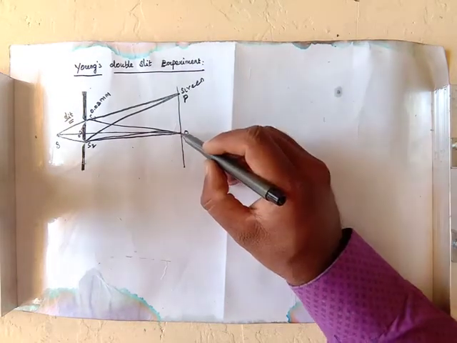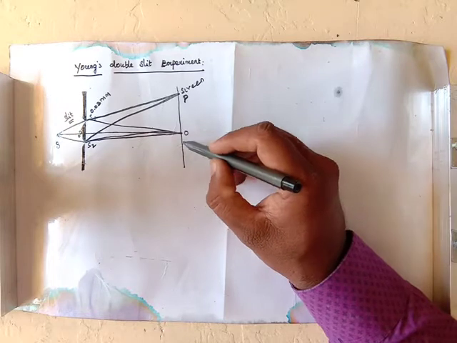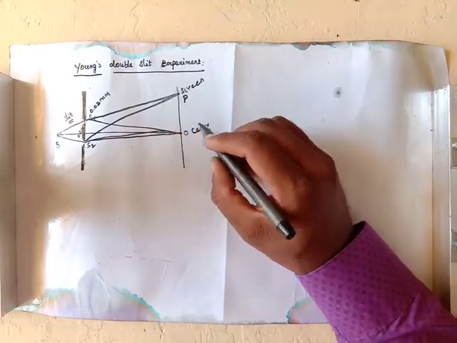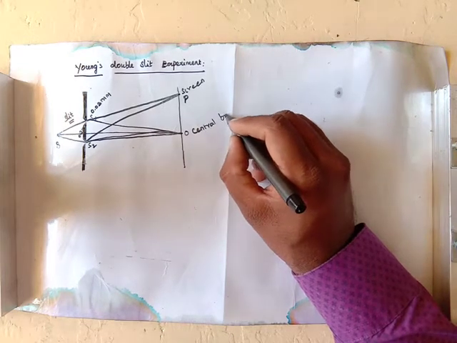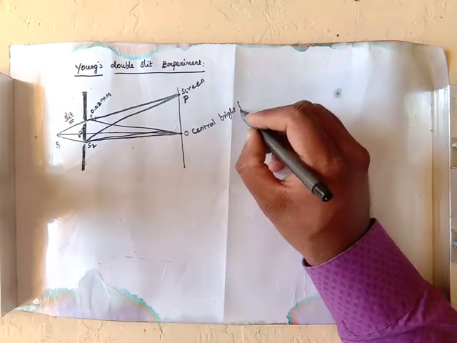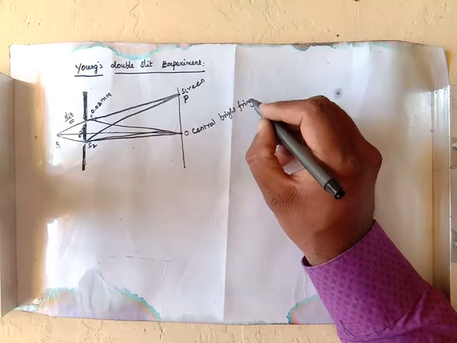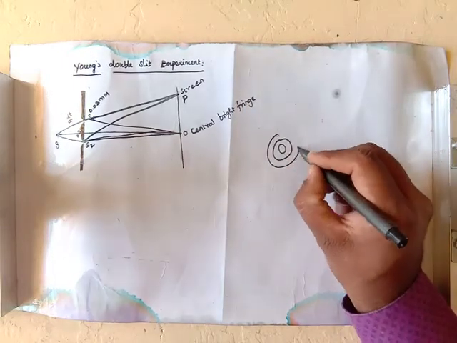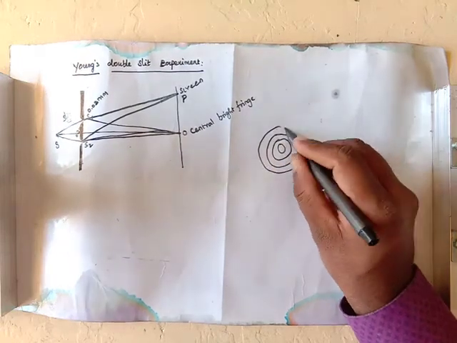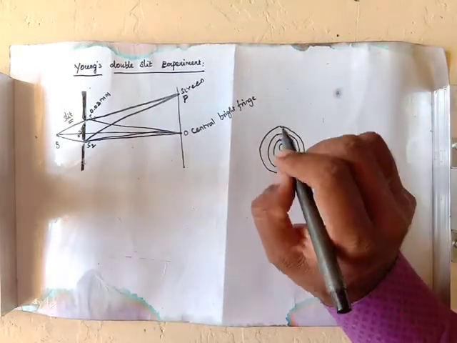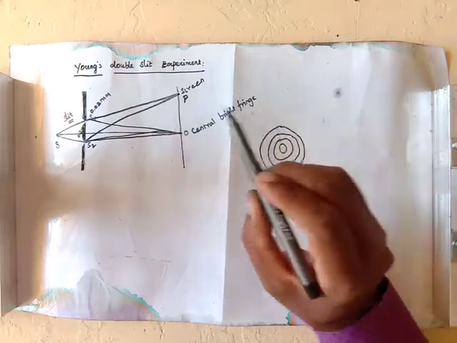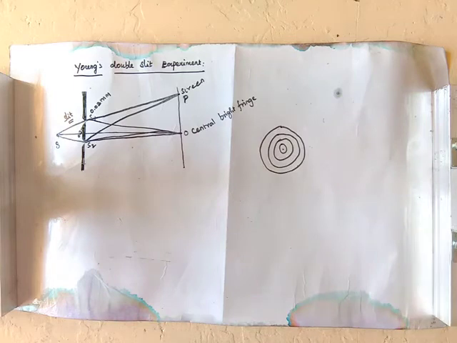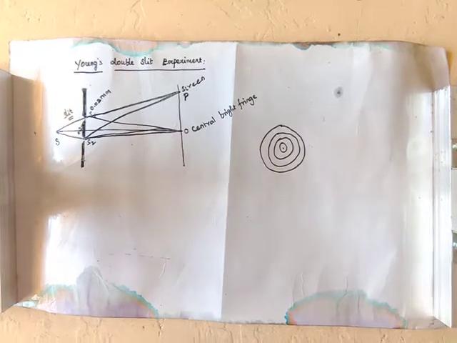At point O, the fringe produced is called the central bright fringe. The interference fringes are dark and bright alternately. So at the center point O, a central bright fringe is produced.